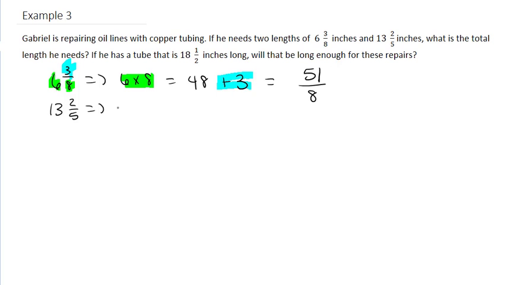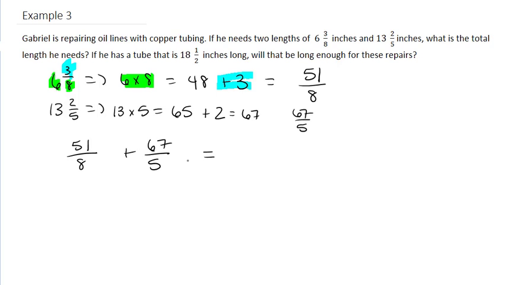So now we have 13 times 5, which is 65. Then we're going to add 2, which gets us 67. So it's 67 over 5. So now we're going to add these two numbers together. So we have 51 over 8 plus 67 over 5. And so how we get our common denominator of 8 and 5 is we're just going to multiply these two numbers.